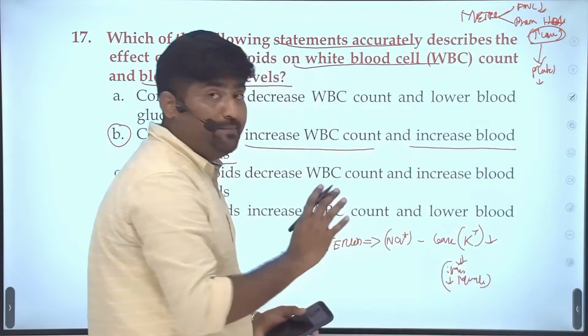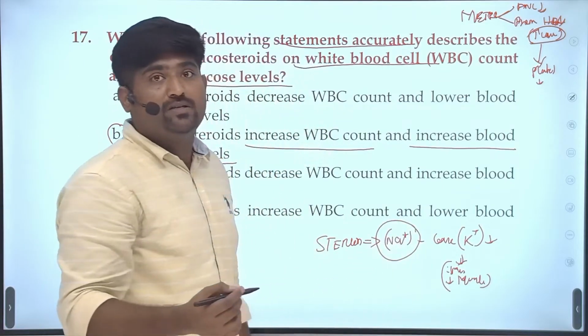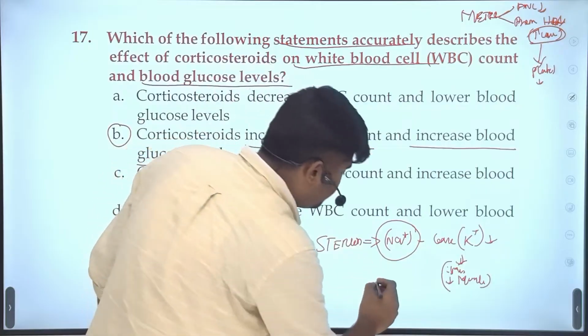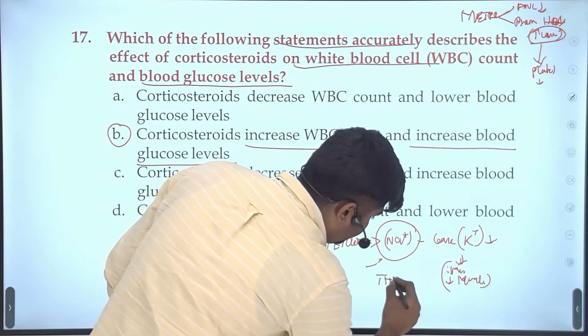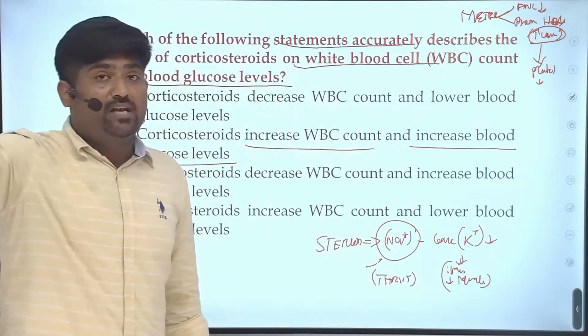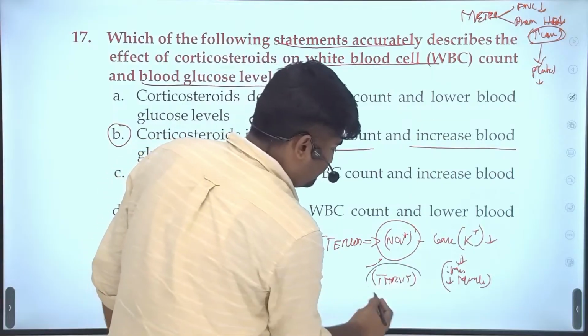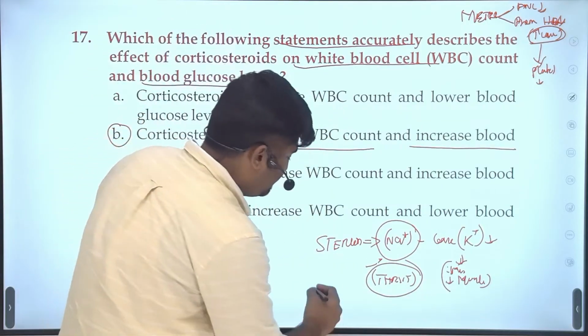Hypokalemia symptoms you can see, and hypernatremia symptoms can be seen. If toxicity is reached, then the thirst center will be activated. Always remember, in hypernatremia, thirst is the hallmark early sign. Hyponatremia, fatigue.